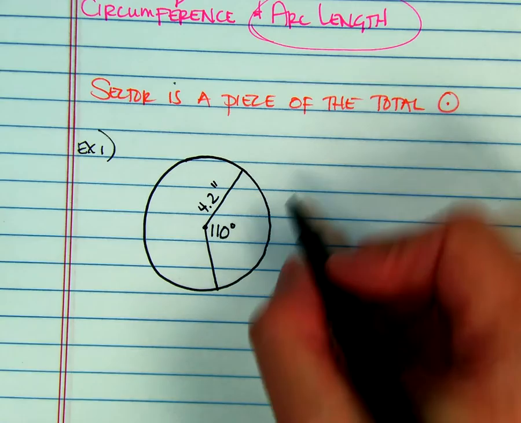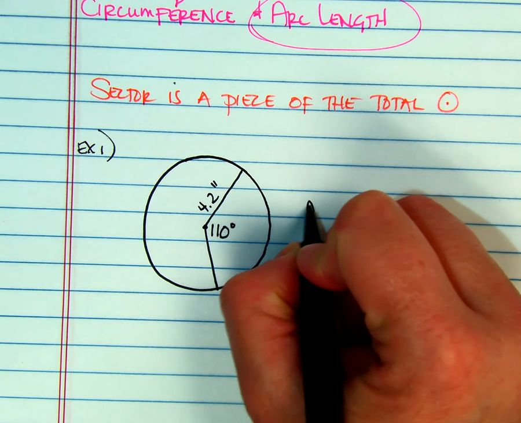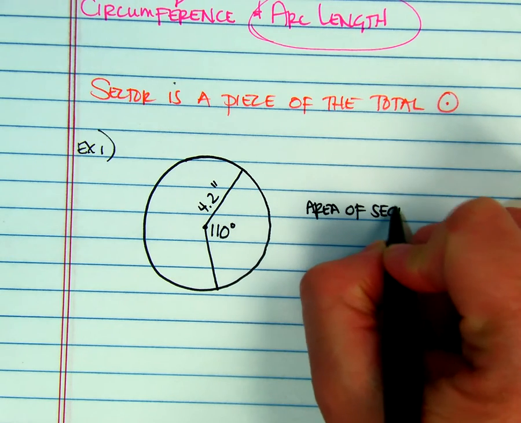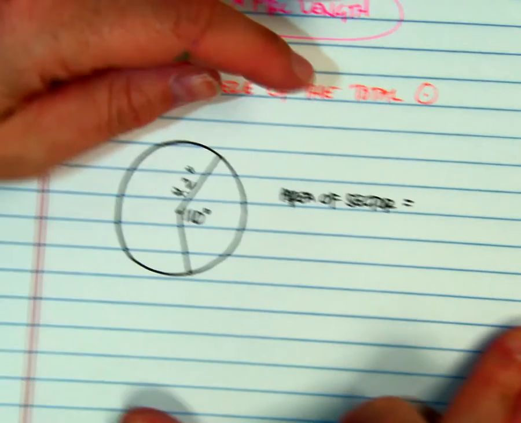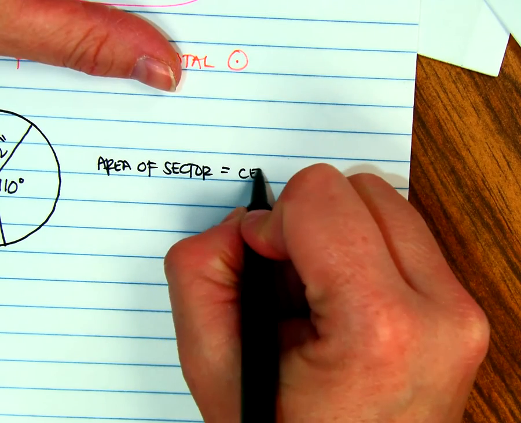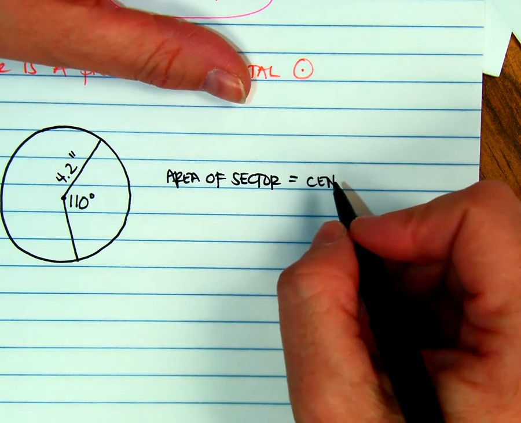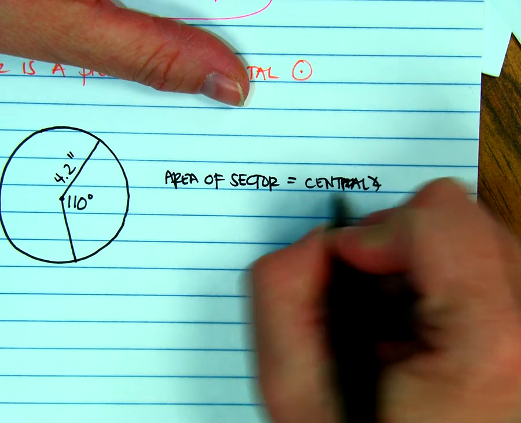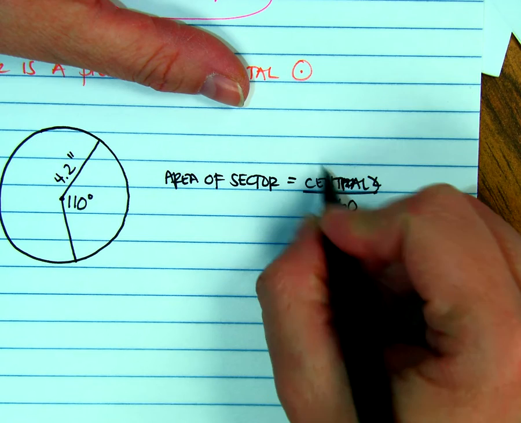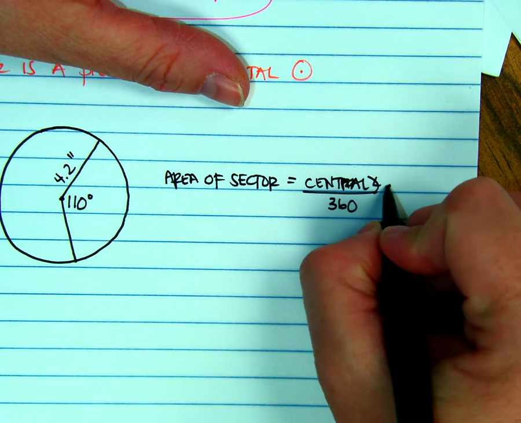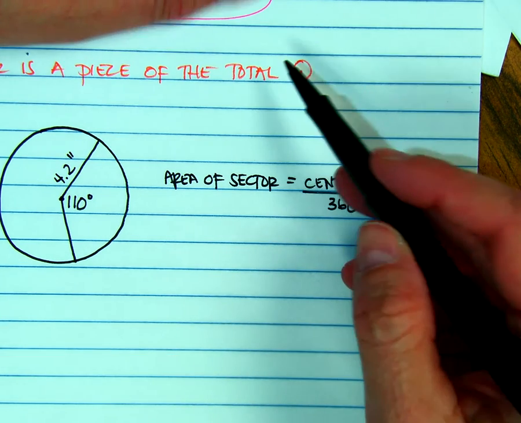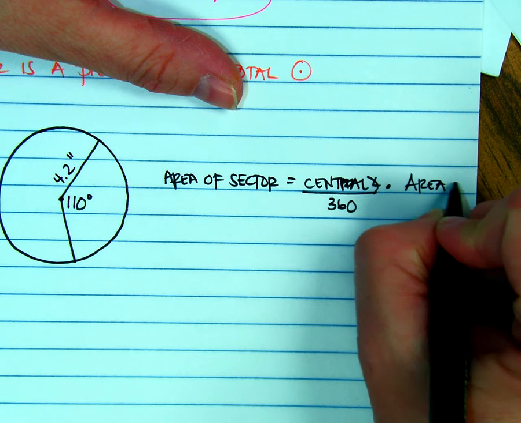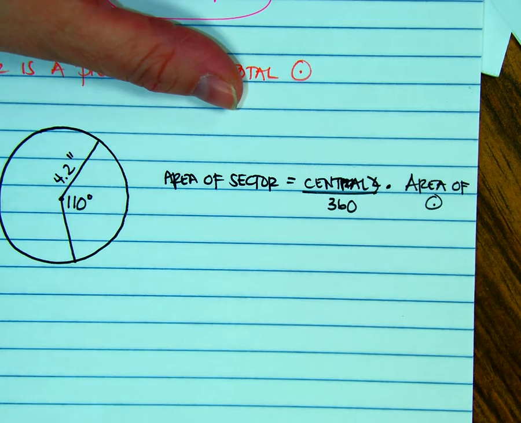So much like before, we have the area of a sector equals the central angle over 360, so this is going to give us our fraction, times, instead of doing times the circumference, we're going to take it times the area of the circle.